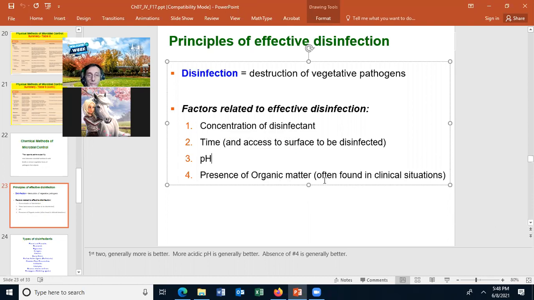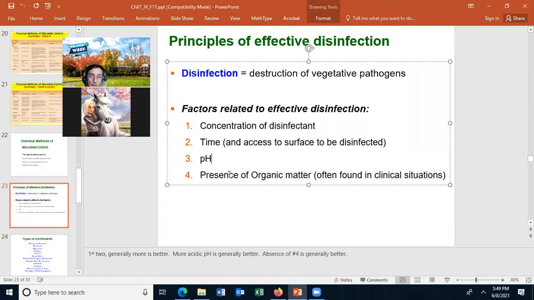Let's talk about bleach with all of these since I started with bleach. Generally, if the bleach is more concentrated, it'll be a better disinfectant, meaning it'll kill more cells. The longer the time of exposure to the bleach, the better it's killing cells. The lower the pH, the better the bleach will kill cells. And if there's no organic matter present, the bleach will be effective.